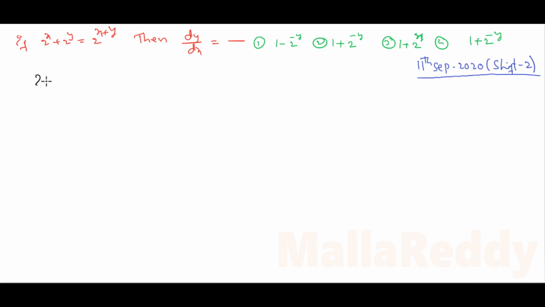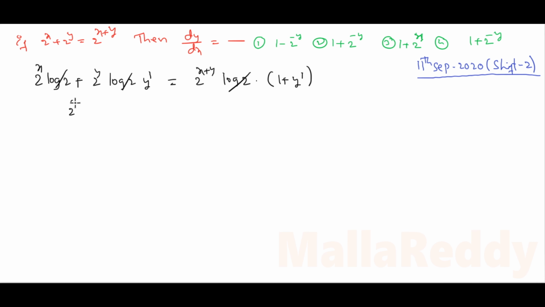Derivative of 2 power x is 2 power x log 2 plus 2 power y derivation, 2 power y into log 2 into derivative of y is y dash, that is equal to 2 power x plus y derivation, that is 2 to the power of x plus y into log 2 into x plus y derivation, that is 1 plus y dash. Both sides log 2 common and cancelled.